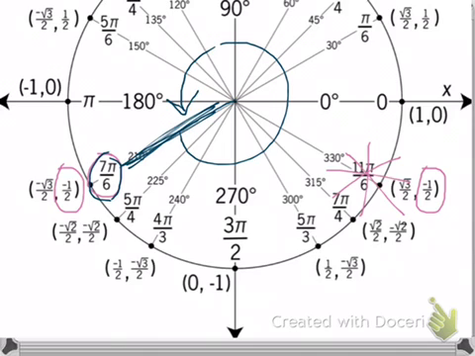If we go around another 360, we just keep going around and around and around. So in other words, if you add 2 pi to this, you end up in the same place.